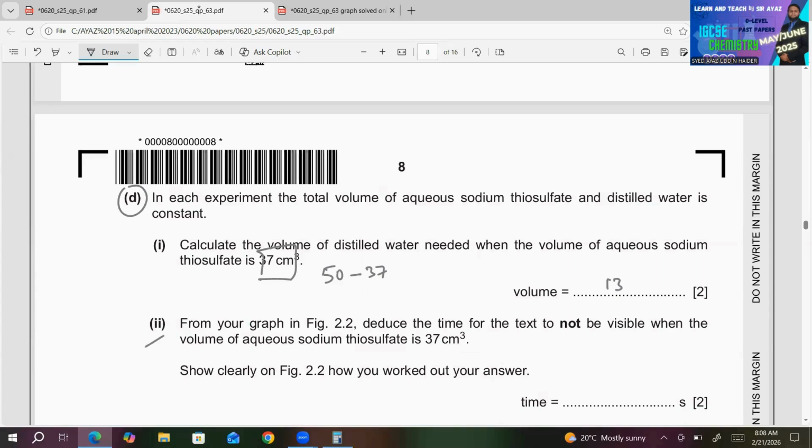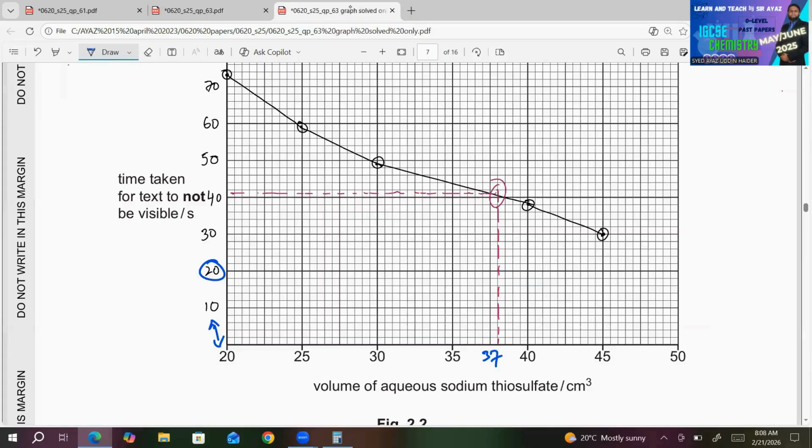Two. From your graph in figure 2.2, read the time for the cross not to be visible when the volume of aqueous sodium thiosulfate is 37 cm³. Show clearly on figure 2.2 how you worked out your answer. So this will be the final position of the graph obtained for 37 cm³ of aqueous sodium thiosulfate.